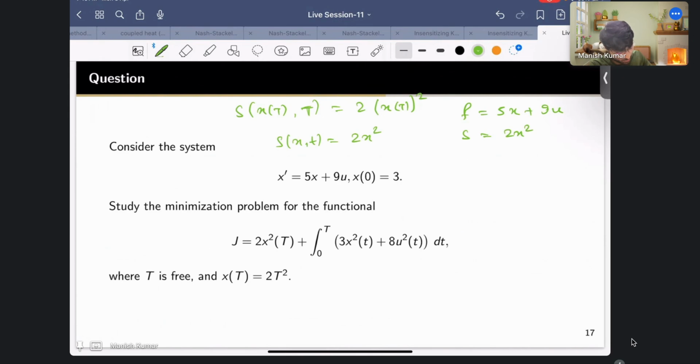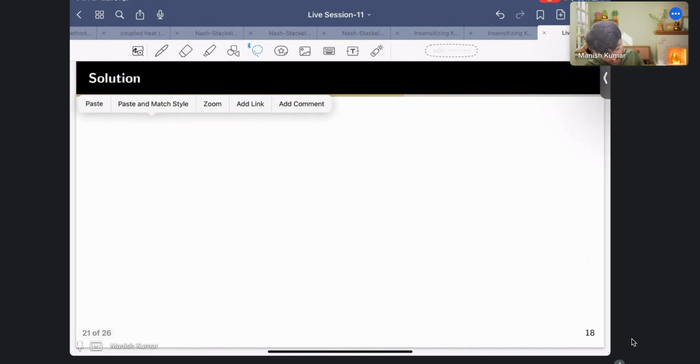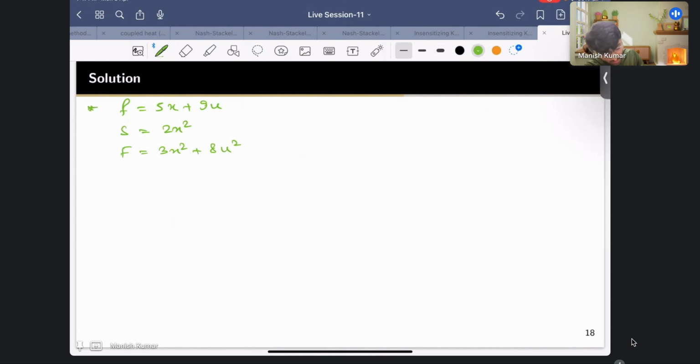And what else do I need? This capital F is given as 3x square plus 8u square. That's all I need. So this is what's given to you. Now you can define the Hamiltonian h from these things: capital F plus lambda times this small f.